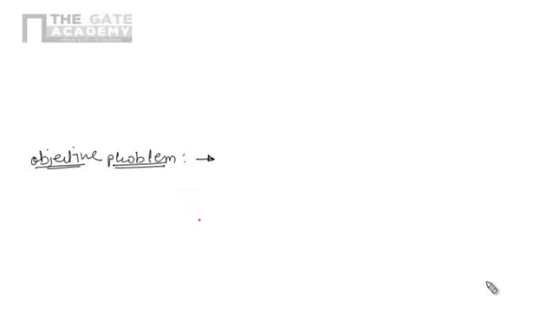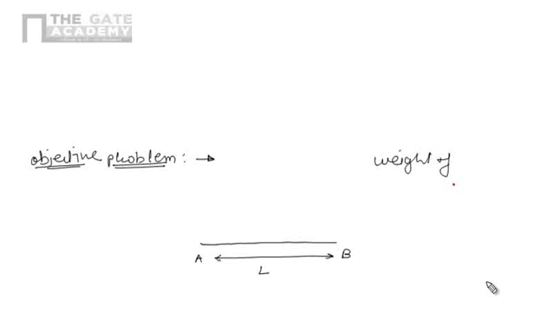There is a heavy rod AB of length L, and weight of AB is W. It is hinged at the point A and is tied to a weight W1 by a string.